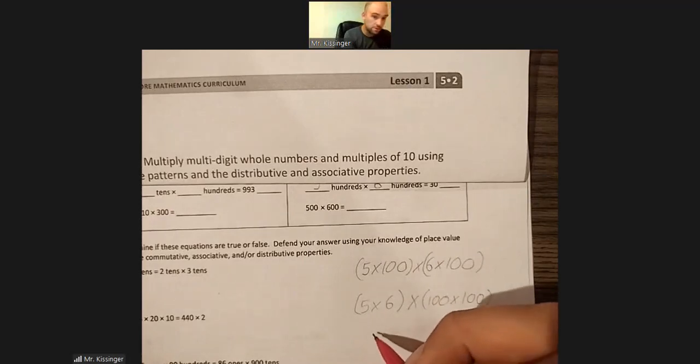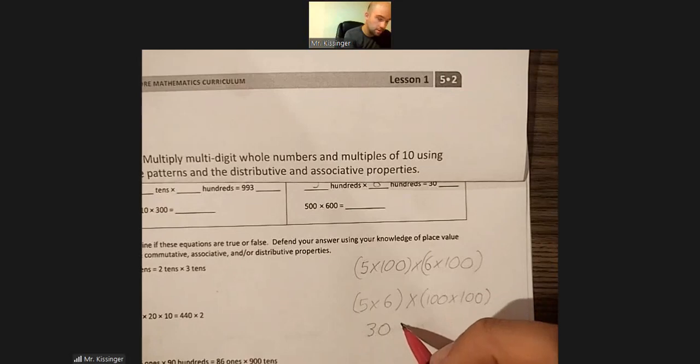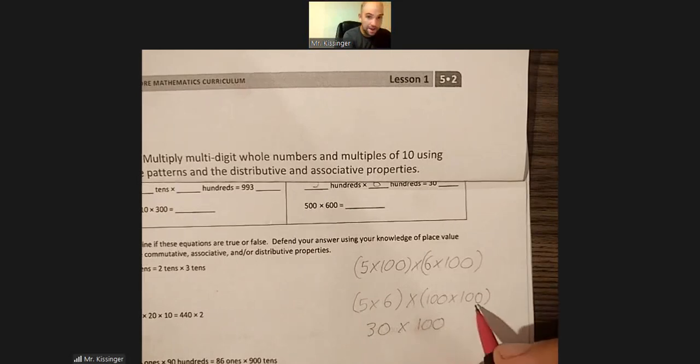Five times 6 equals 30. And then 100 times 100, well, if we do 100, and then we add 2 more zeros, because we're multiplying by 100, we have 10,000.